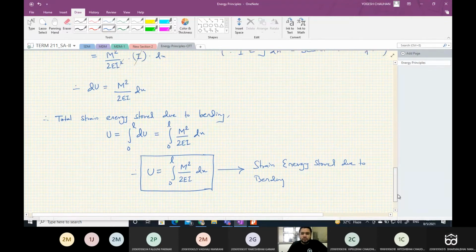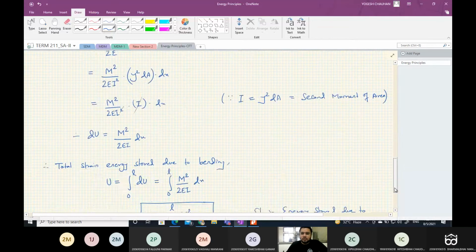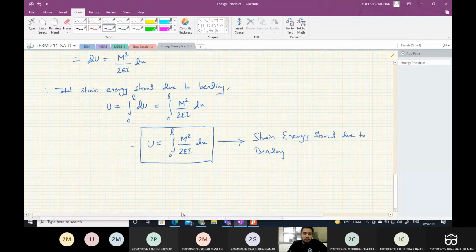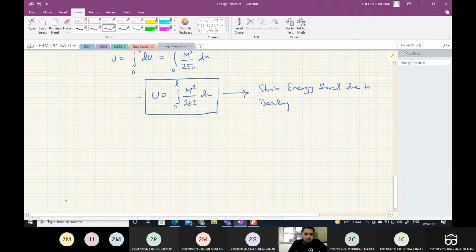Okay, so these things you have studied in your structural mechanics. So using these concepts, we now extend and go through Castigliano's first theorem.